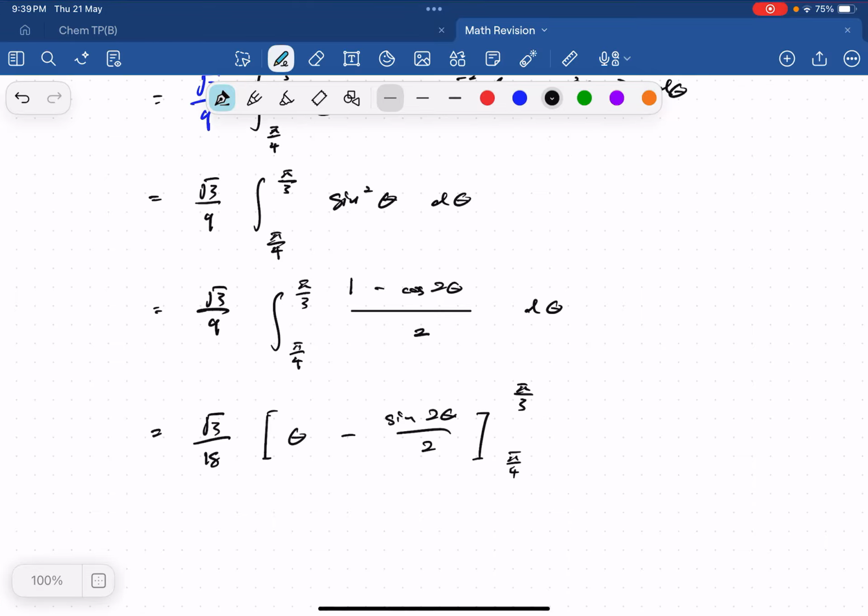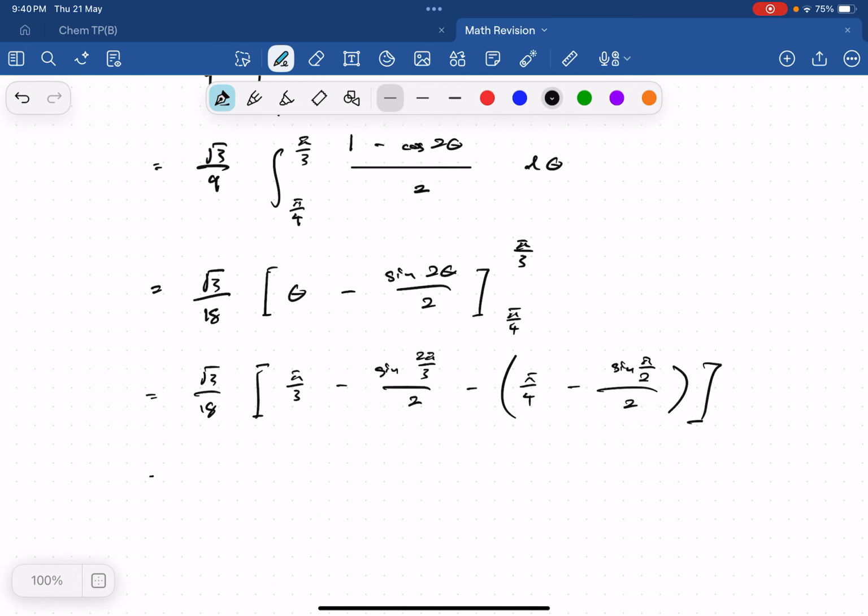So this is going to be pi over 3 minus sine 2 pi over 3 over 2. Yeah, that's it, right? Okay, and then now, time to sub in pi over 4. This will become pi over 2. Yeah, correct. And then I sub it in.